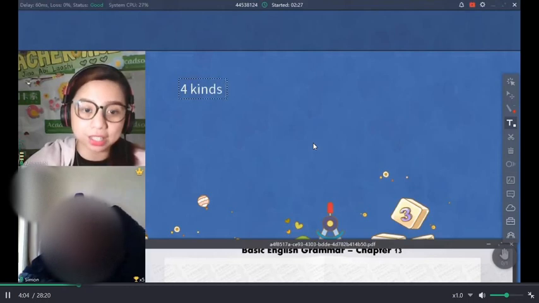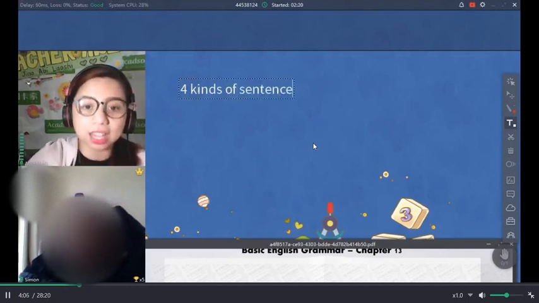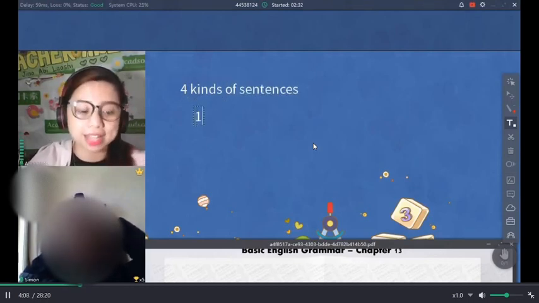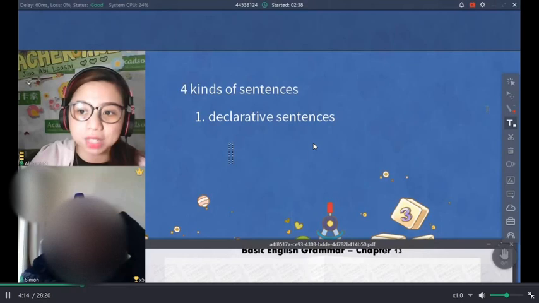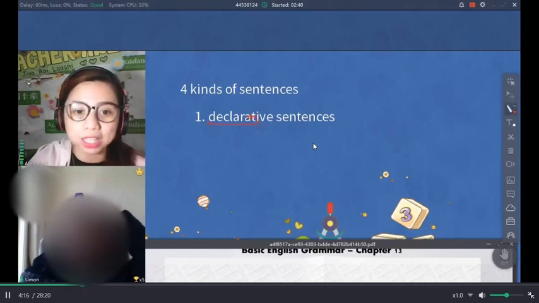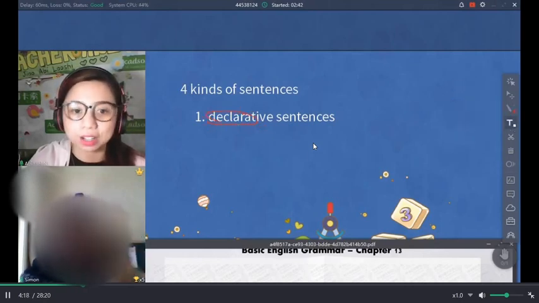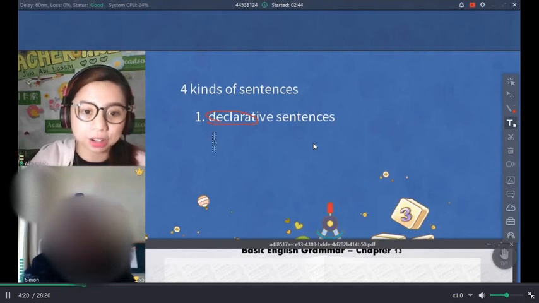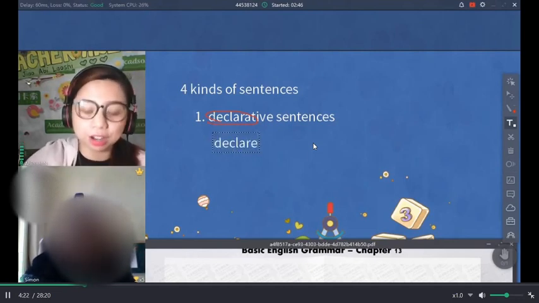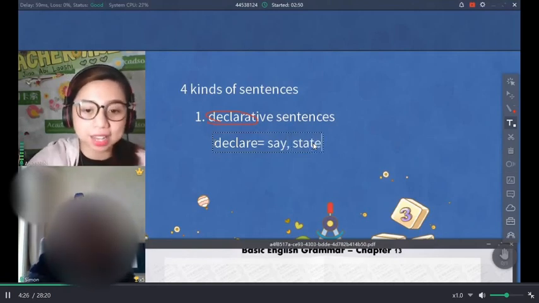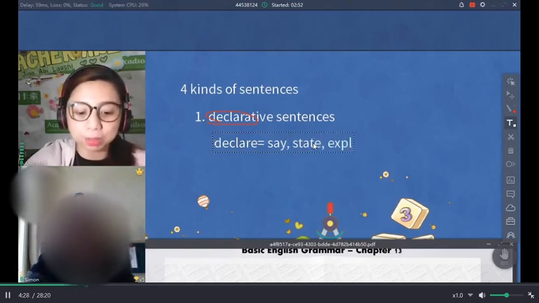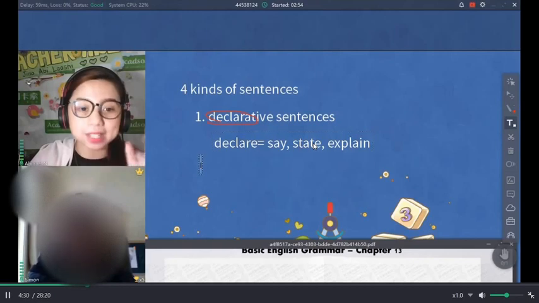four kinds of sentences. One of the first kind is called declarative sentence. When you say declarative sentence, the root word is declare. Declare means say or state or explain, like a basic sentence.